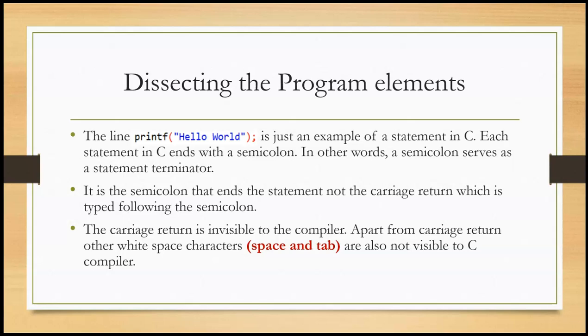The line printf hello world followed by semicolon is just an example of a statement in C. Each statement in C ends with a semicolon. In other words, a semicolon serves as a statement terminator.